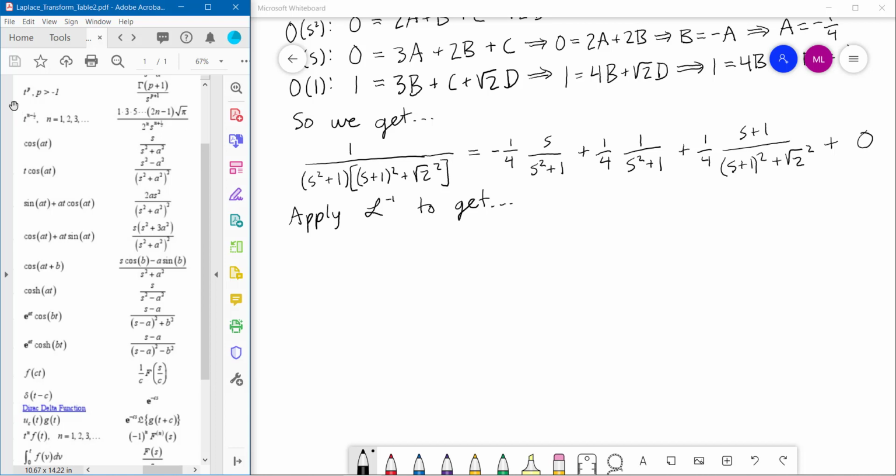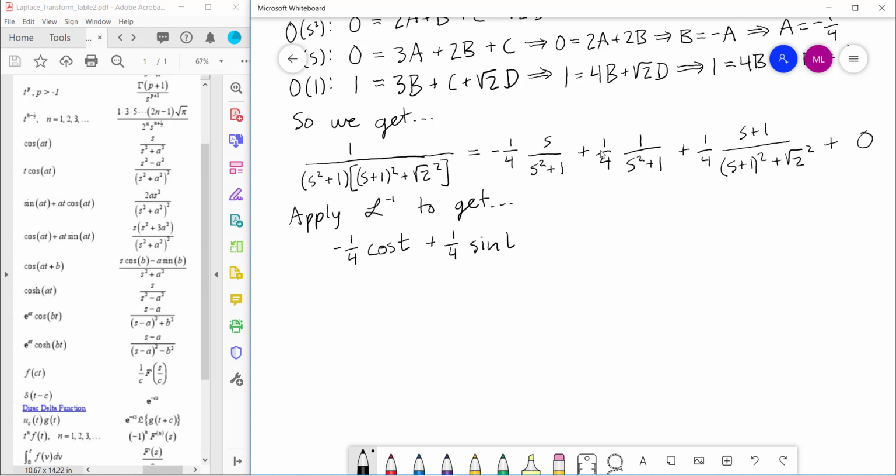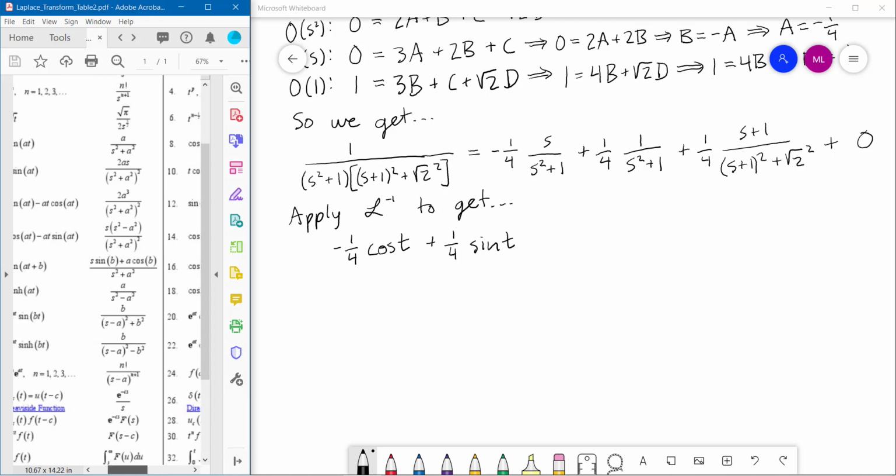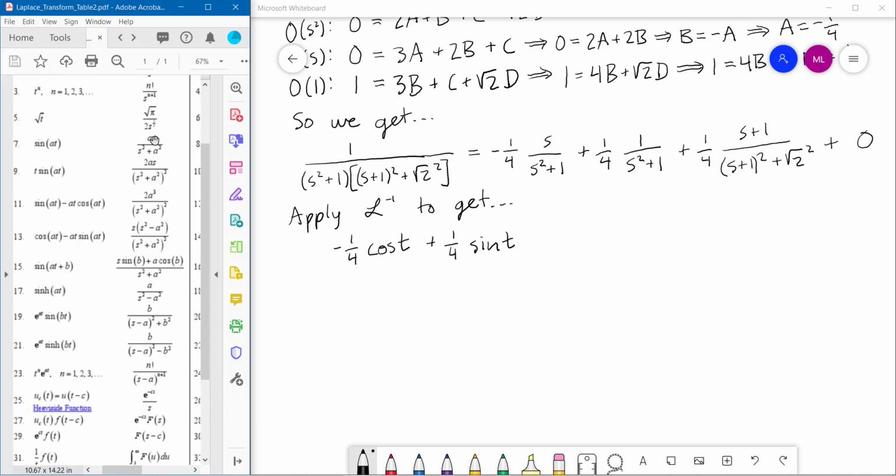So that's just cosine of t. So we've got a negative 1/4 cosine of t, a positive 1/4 times a sine of t. This one looks like a sine function right here with a equals 1. And then the last one looks like a shifted cosine function.